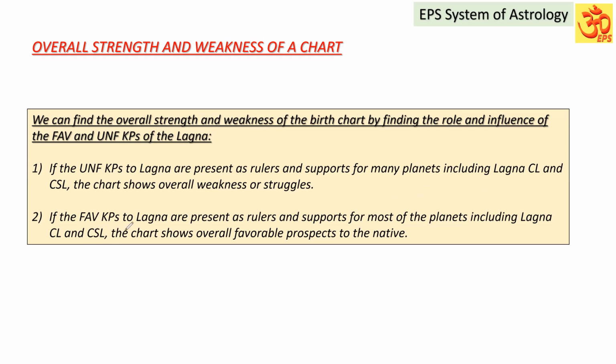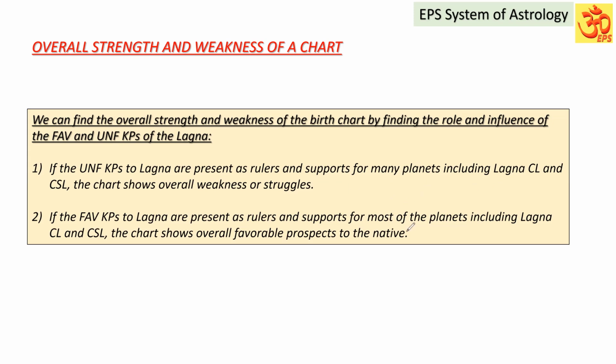If the favorable key planets to the Lagna are present as rulers and supports for many or most of the planets, including Lagna, Kaspal Lord, and Kaspal Sublord, the chart shows overall favorable prospects to the native.